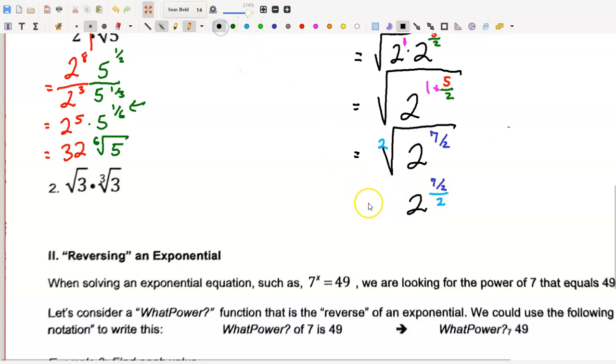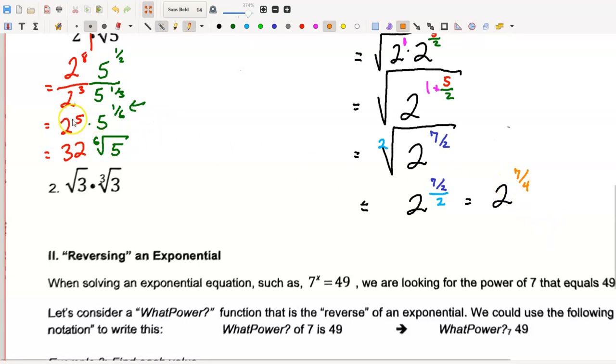And now there's no more radicals. So what is 7 over 2 divided by 2? 7 fourths, 7 over 4.